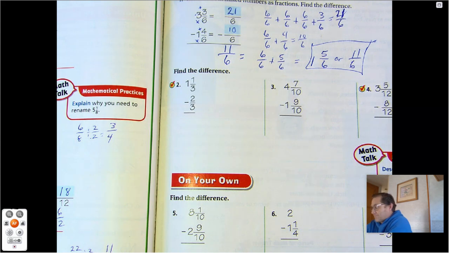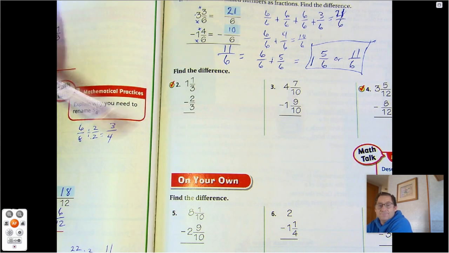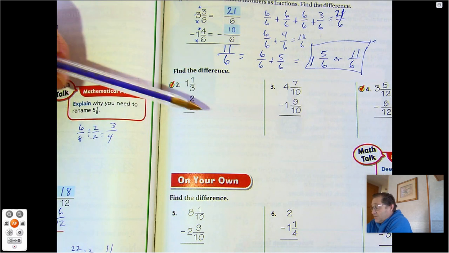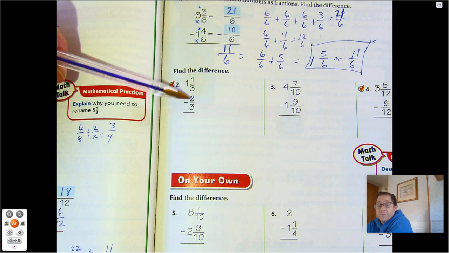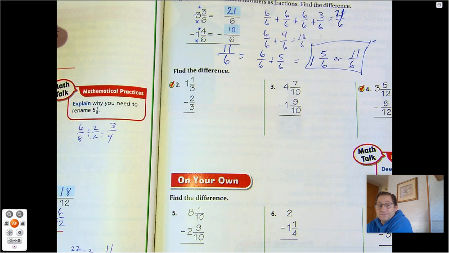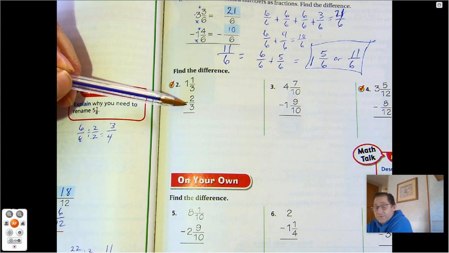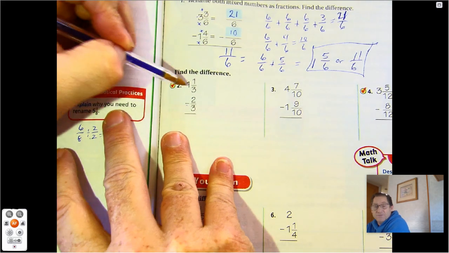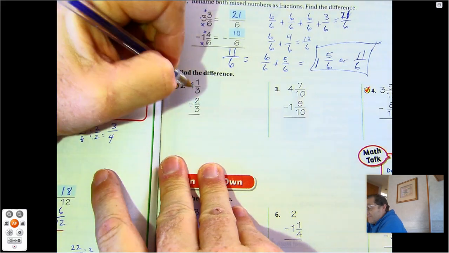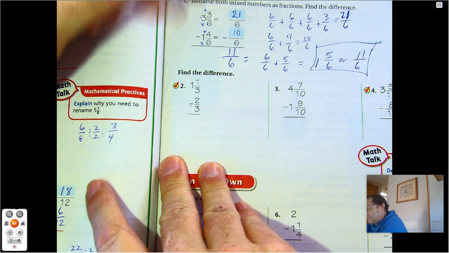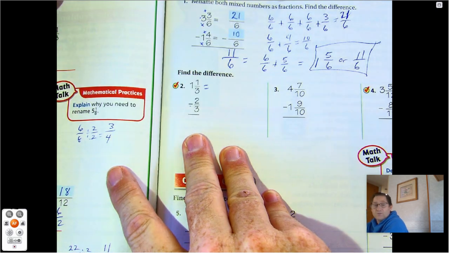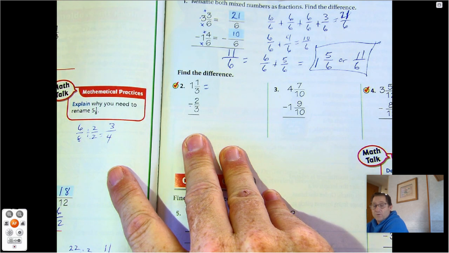Find the difference. Well, I can't take 2 from 1. So you've got two choices. We can turn them both into fractions that are greater than 1, but that won't work here because I only have 2/3. I don't have a mixed number. So here we have to rename the mixed number in the first number. So what is the 1 in 1 and 1/3?